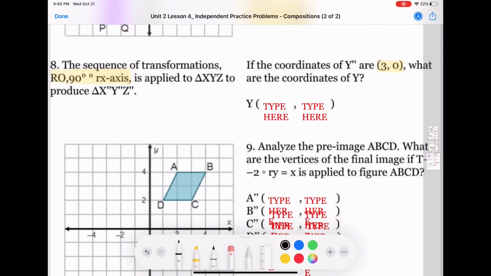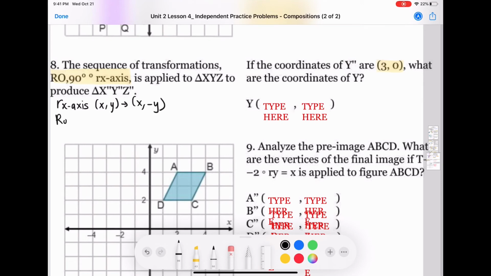Well, what we want to do is identify what our rules for this composition of transformations were. First we did a reflection about the x-axis, which tells us to take our original coordinates, keep the x where it is, but negate the y.